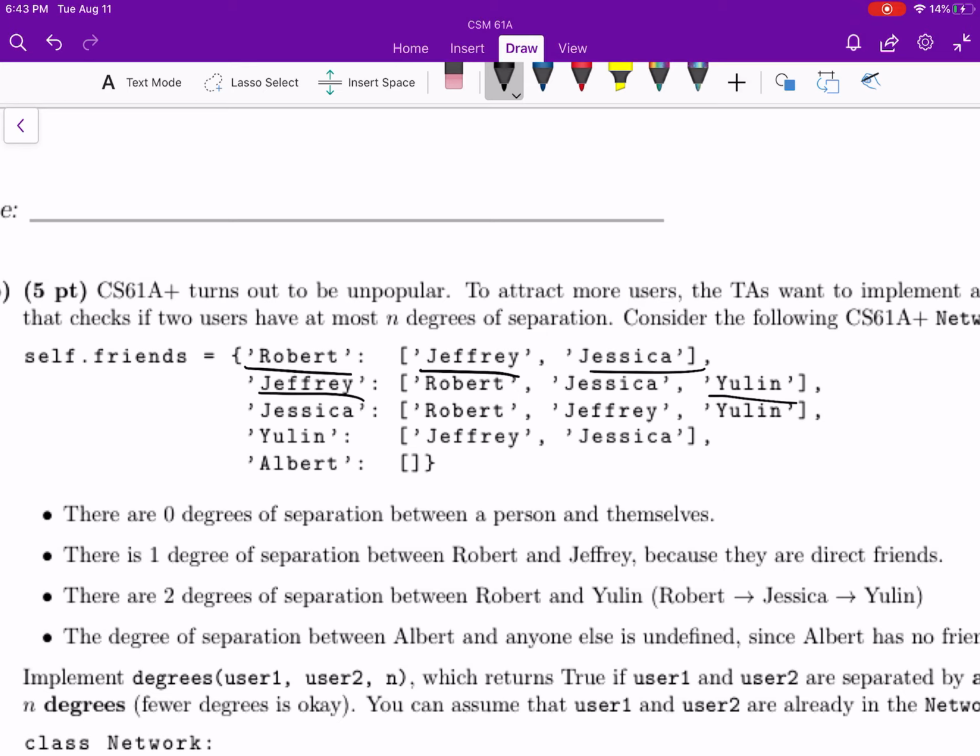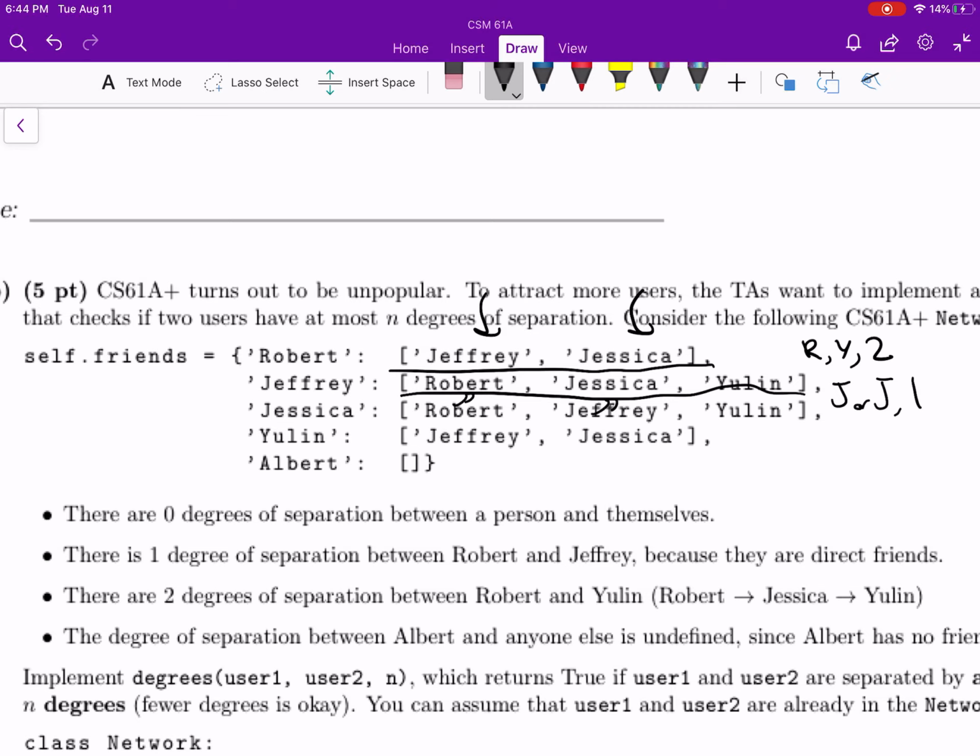But what did we really do here? Well, we said to see if Robert and Yulin are 2 degrees of separation away, which is the same thing as going through Robert's friends list and seeing if Jeffrey or Jessica are 1 degree away from Yulin, which is the same thing as going through Jeffrey's friends list and seeing if Robert or Jessica or Yulin are 0 degrees away.